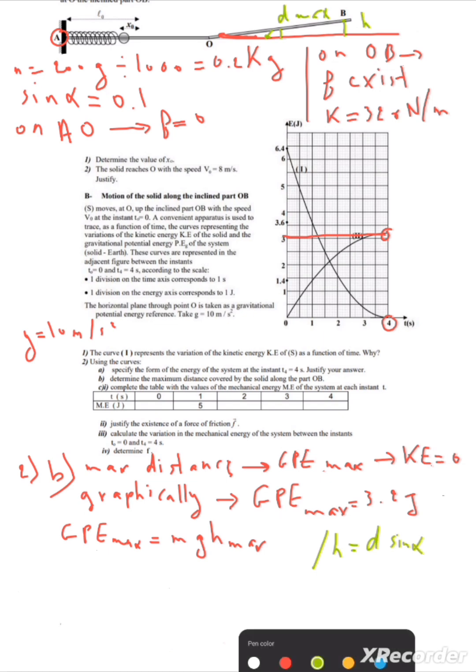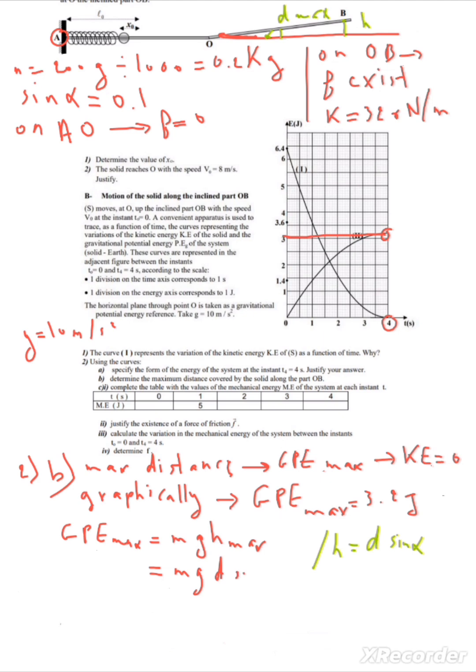So GPE max equal mg d sine alpha. Now 3.2 equal, mass equal 0.2, g 10, sine alpha is 0.1. So we obtain d equal d max equal 16 meter.